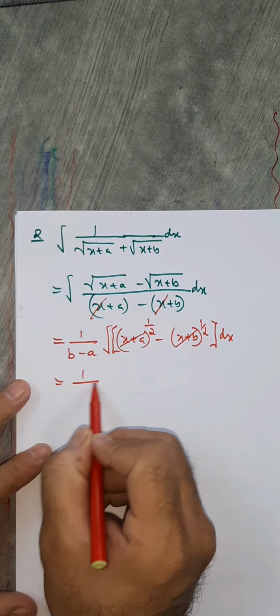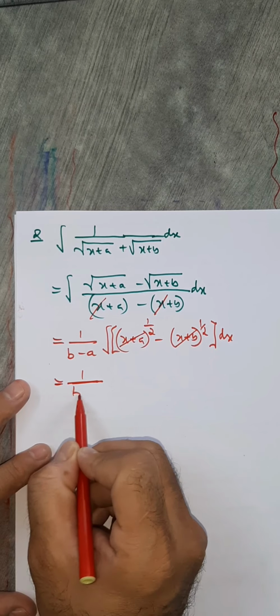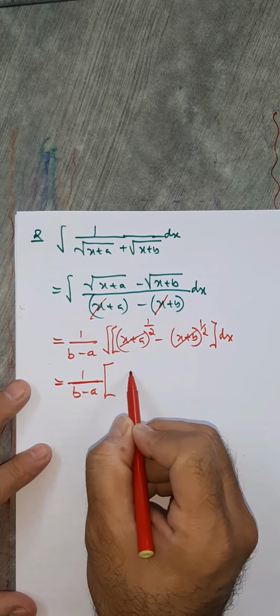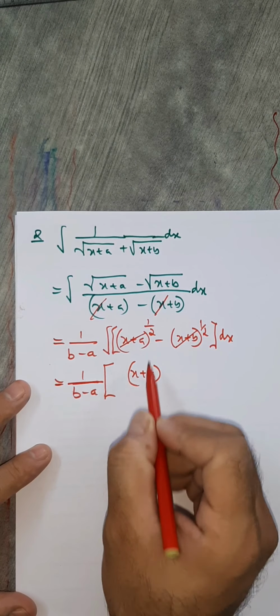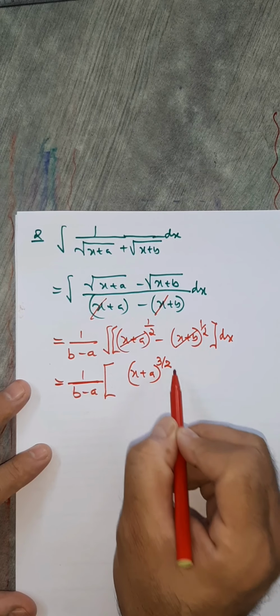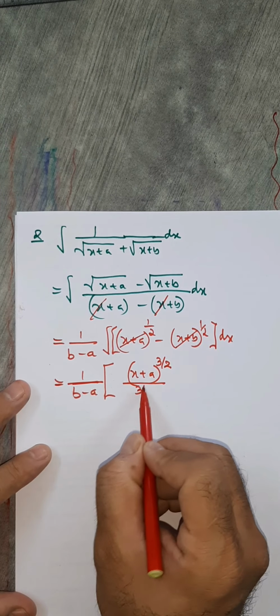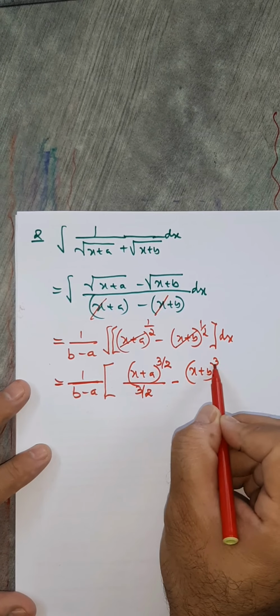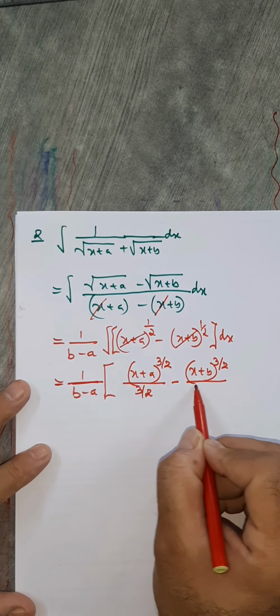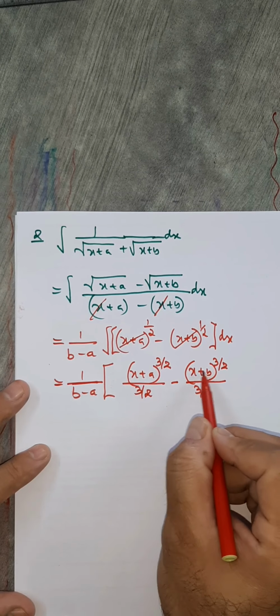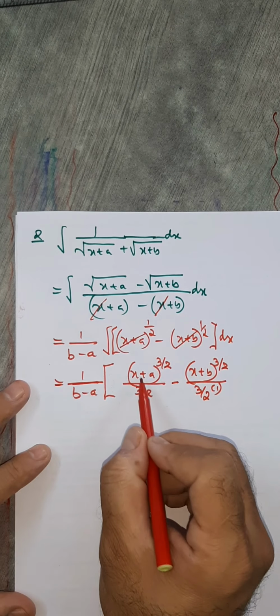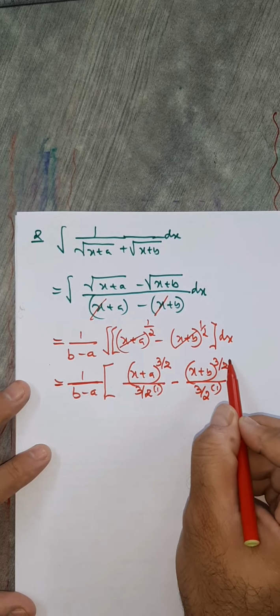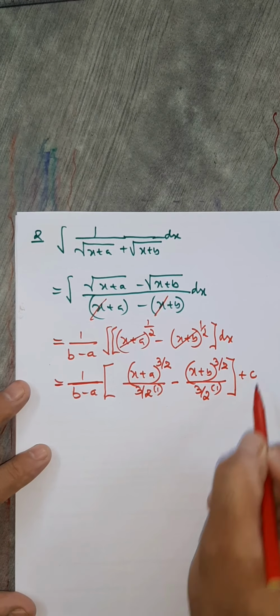Both are linear functions. So 1 upon b minus a, your x plus a raised to 3 by 2 upon 3 by 2, minus this x plus b raised to 3 by 2 upon 3 by 2, upon the coefficient of x which is 1, plus c.